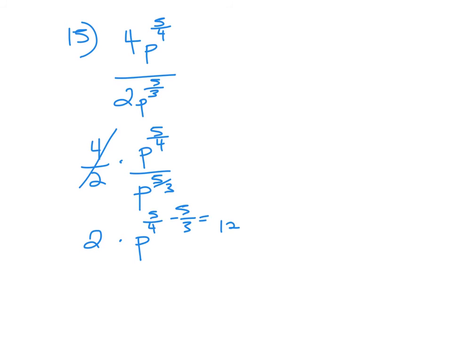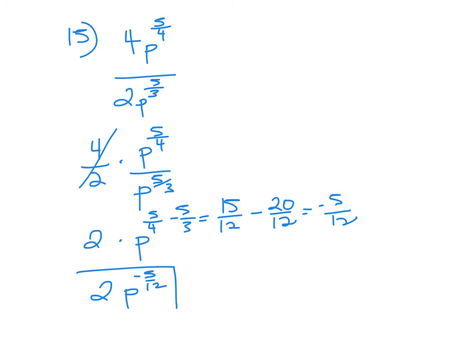The common denominator here will be 12, so 4 goes into 12 3 times. 3 times 5 is 15. And then 3 goes into 12 4 times. 4 times 5 is 20. So our answer is going to be negative 5 over 12. So that's going to give us 2 times p to the negative 5/12.